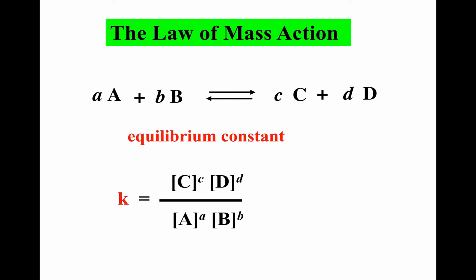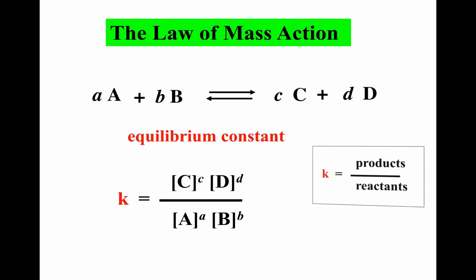So if I have a moles of A reacting with b moles of B, I take moles per liter of A at equilibrium, raise it to the a power, moles per liter of B raised to the b power, and divide it into the concentration of C raised to the c power times the concentration of D raised to the d power, and that'll give me whether this reaction is spontaneous or not, whether I have a K value greater than 1 or not.